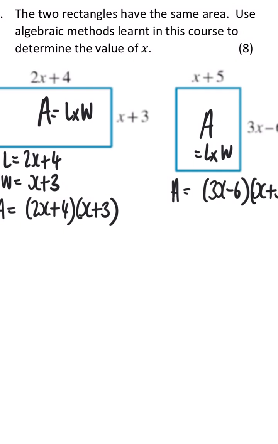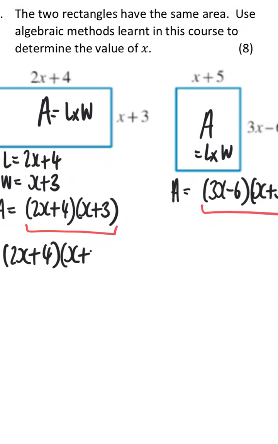Now, we know that these areas are equal. The question tells us that. So we know that this guy here is equal to this guy here. So let's write that down. 2x plus 4 times by x plus 3 is equal to 3x minus 6 times by x plus 5.